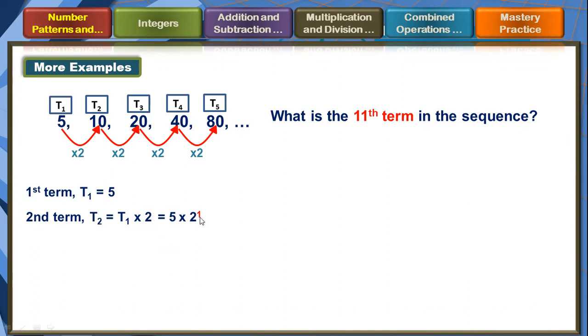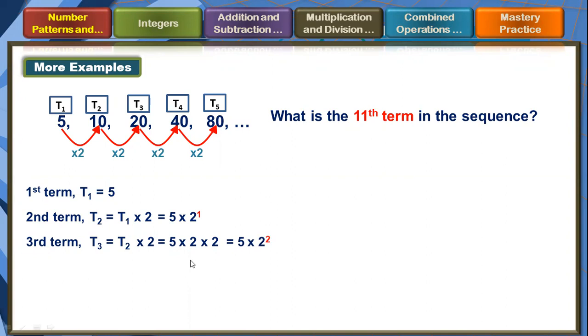But here, let's just show it. So third term, we can use T sub 3 equals T sub 2 times 2. What is T sub 2? T sub 2 is 5 times 2 raised to 1.